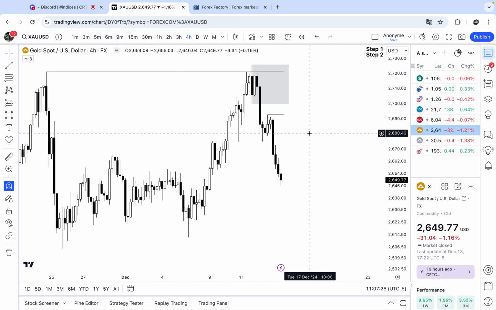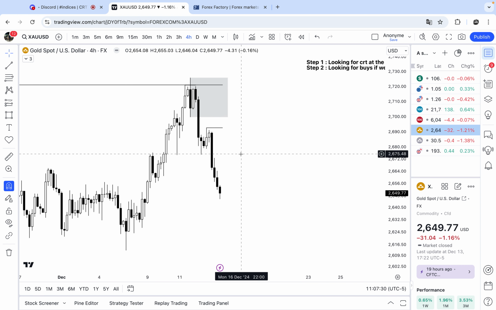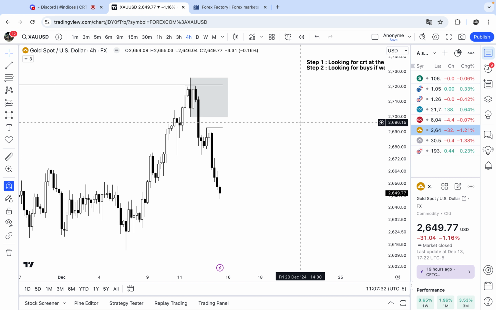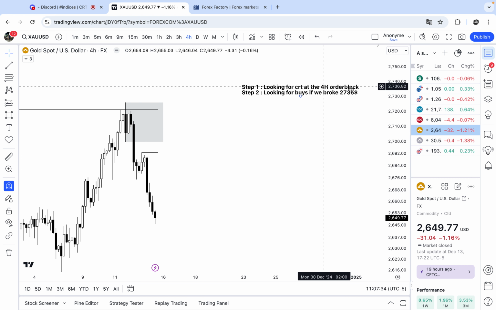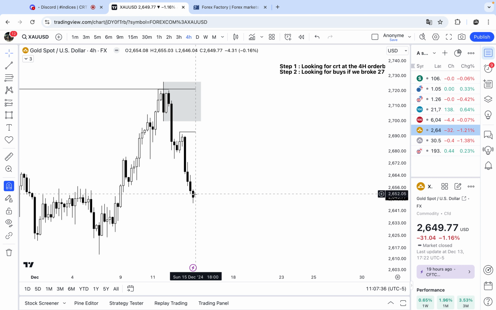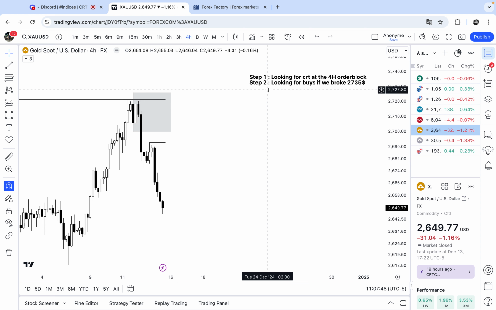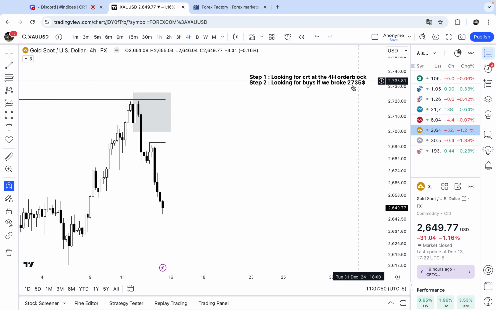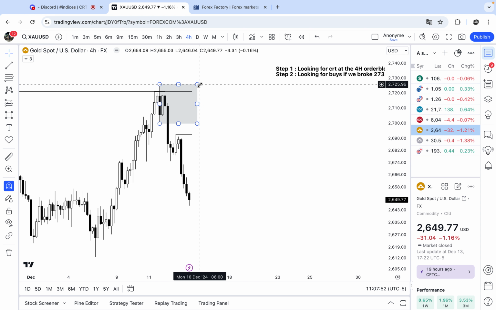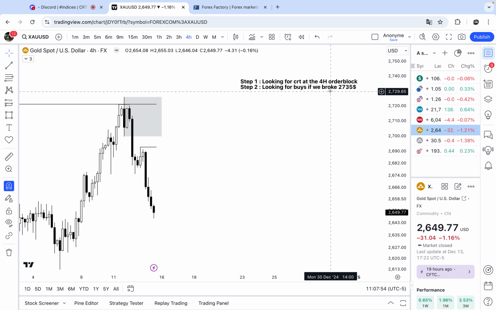So now, for example, this week, what I'm looking for, step one, looking for a CRT at the 4-hour order block. So I'm looking for a CRT right here. This is in our direction, right? Step two, looking for buys if we broke this price, which is this one. This is 25, by the way.